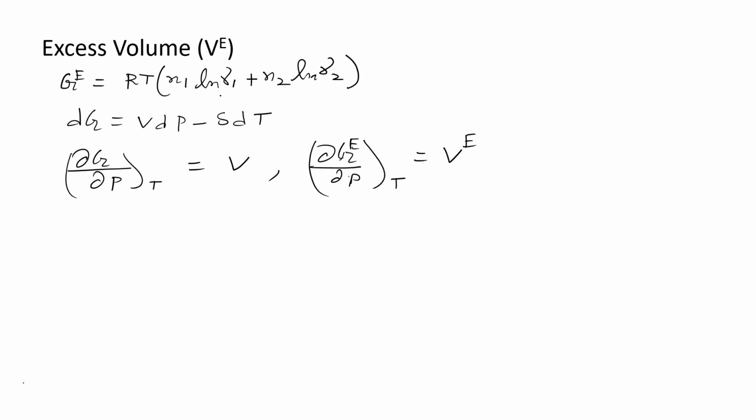So this equation, for a binary solution, I have to differentiate with respect to pressure at constant temperature. So V excess, that is coming as ∂G excess/∂P at constant temperature.